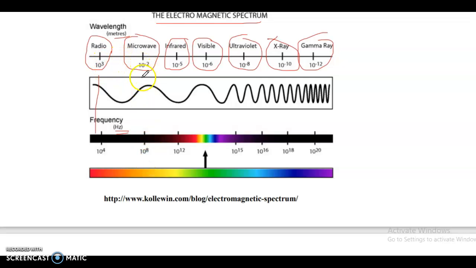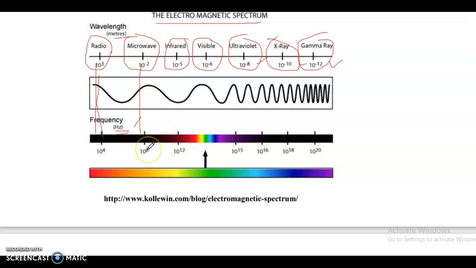Here this is 10 power 2 meters, this is 10 power minus 5 meters, this is 10 power minus 6 meters, this is 10 power minus 8 meters, this is 10 power minus 10 meters, this is 10 power minus 12 meters in gamma ray. Frequency in hertz, here 10 power 4 hertz, here 10 power 8 hertz.